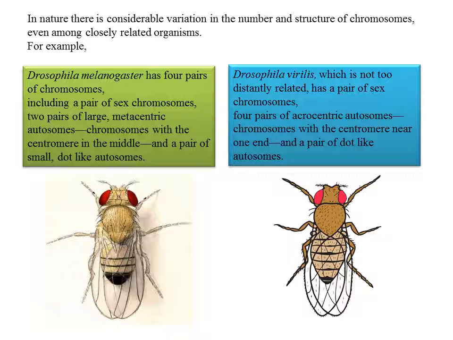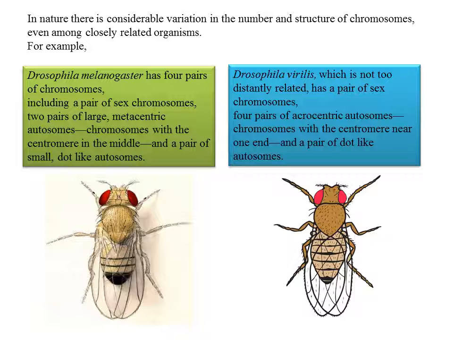To understand rearrangement, I have taken an example of two different species of the same genus, Drosophila melanogaster and Drosophila virilis. If you see in this slide, both the images of Drosophila melanogaster and virilis look almost the same morphologically.